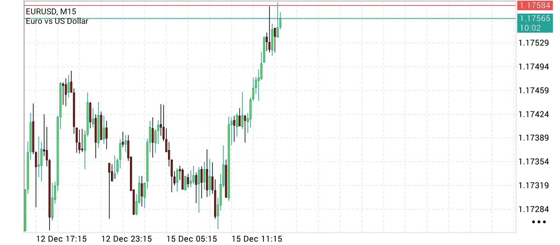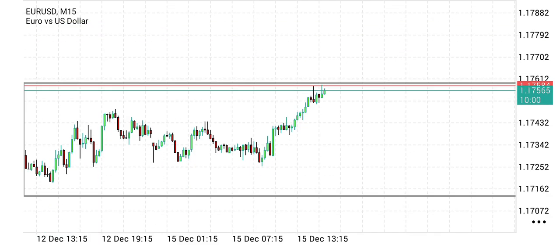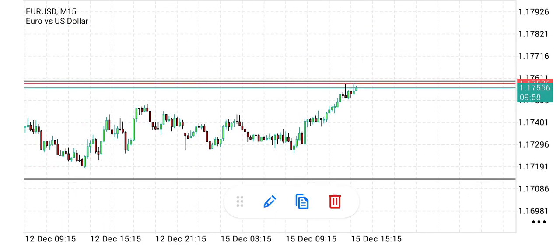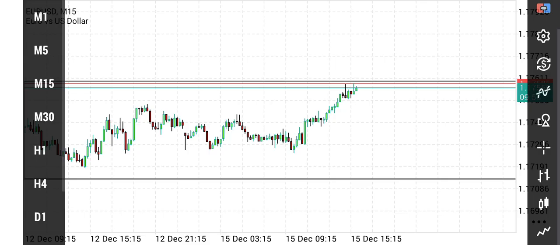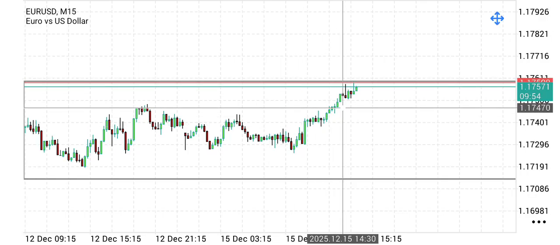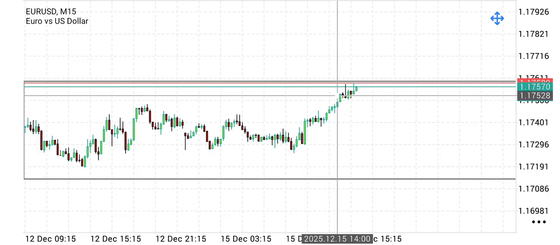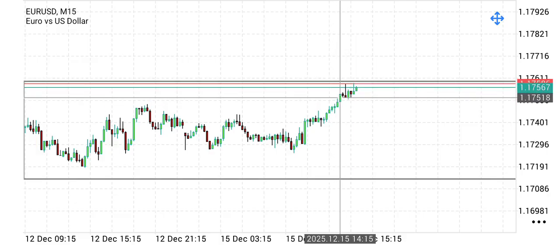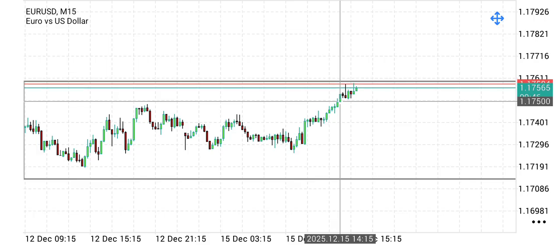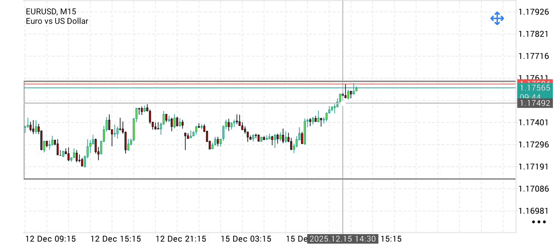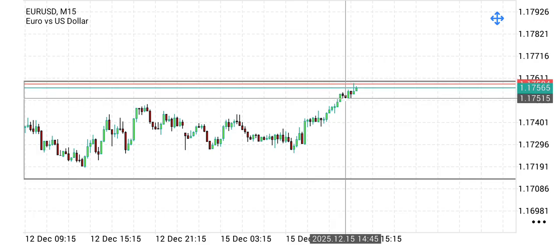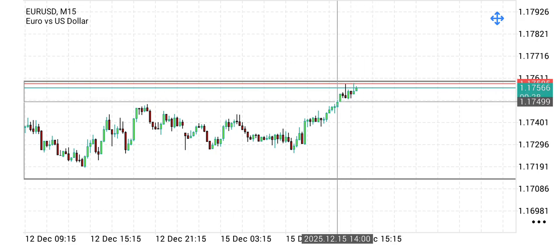On the 15 minutes, we can see that there is a bearish pin bar. How many bearish pin bars have we witnessed? 2 pin bars on different time frames. So what is it telling me now?